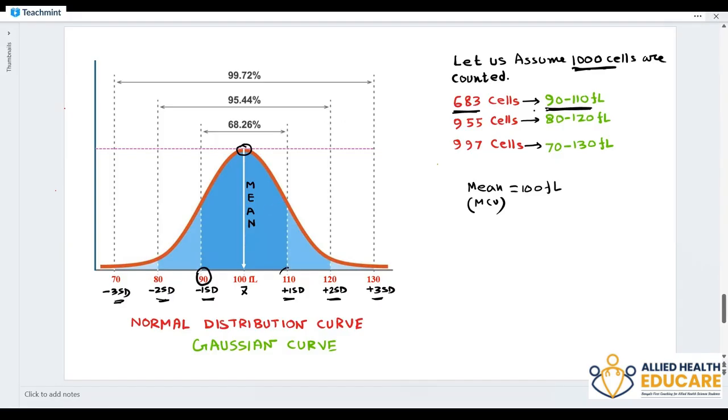Out of 1000 cells, the volume of 955 cells lies between 80 femtoliter and 120 femtoliter.